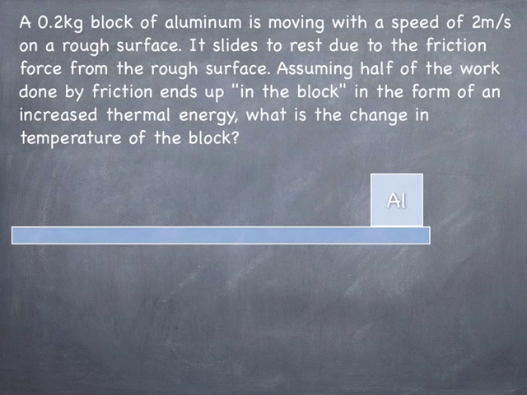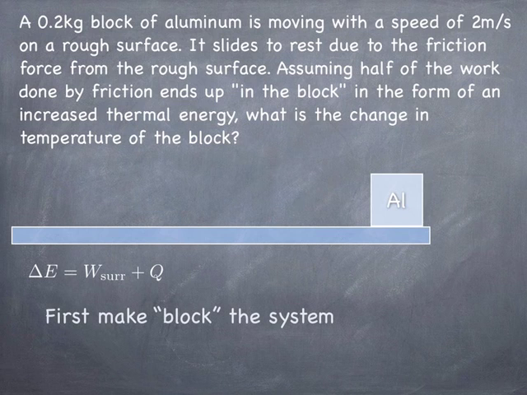So the way I approached this was to do the problem twice. First, start with the energy principle and choose to make the block the system, where by the block I mean I'm going to ignore the internal energy of the block. I'm just going to keep track of the kinetic energy and nothing else.